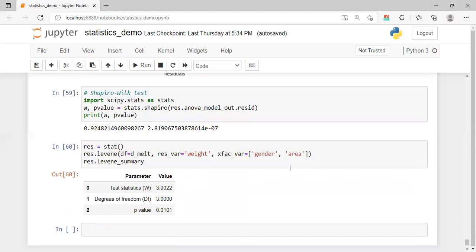Now take down the 59th and 60th line. Okay.